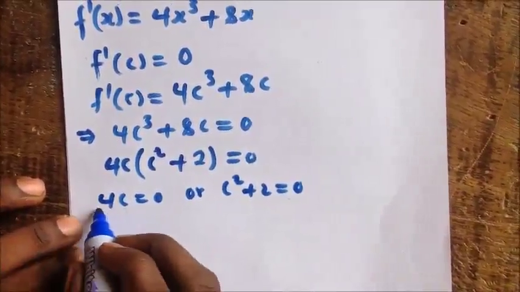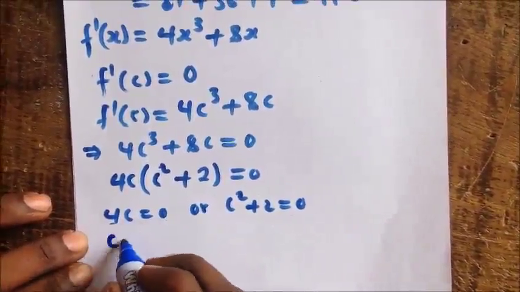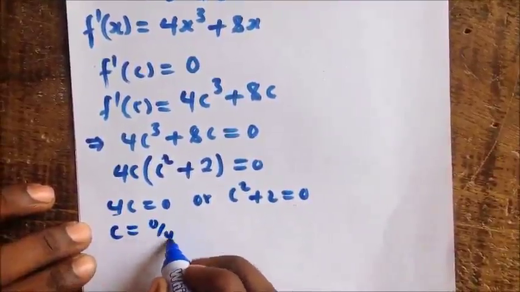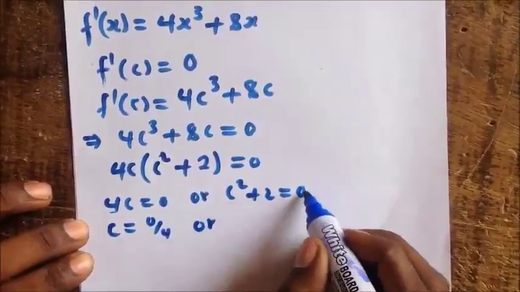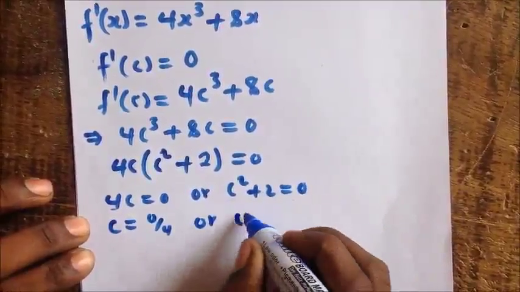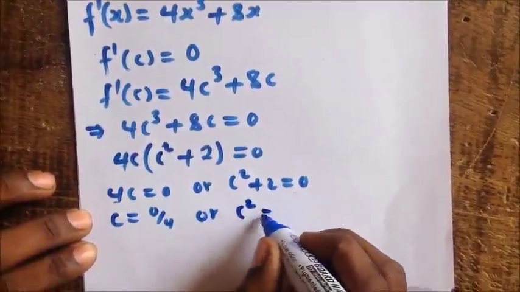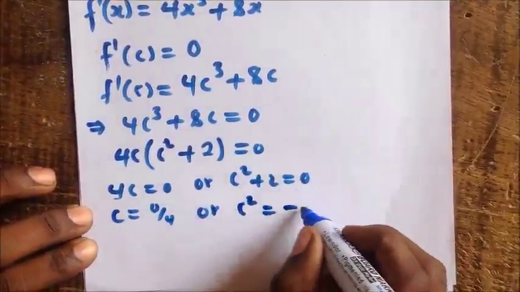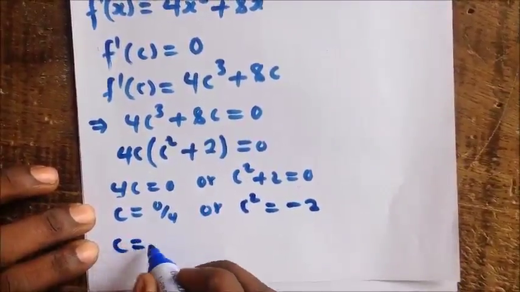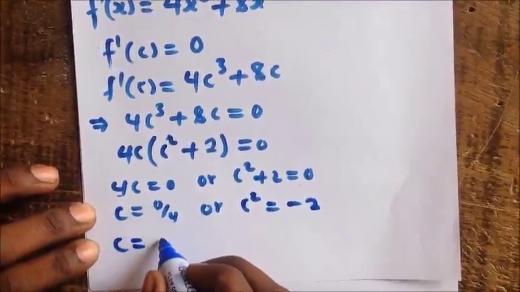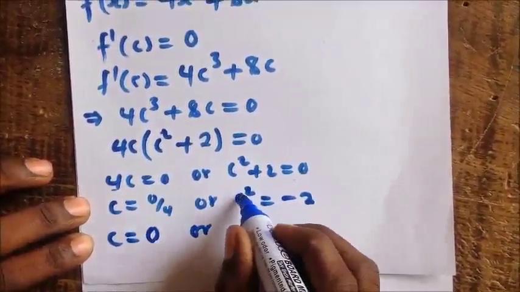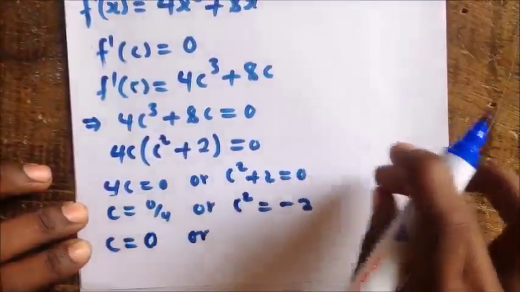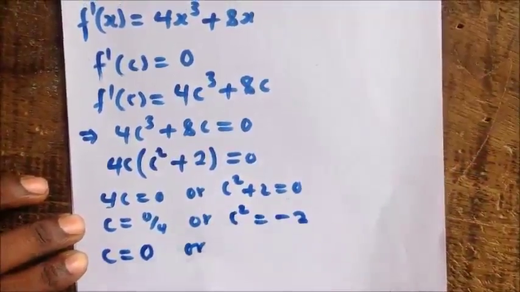We are looking for c, so we should now divide both sides by 4 here. So c is equal to 0 divided by 4, or plus 2 and 0 are like terms, so collecting the like terms, c squared is equal to plus 2 across the equal sign, minus 2. Or since we are looking for c, not c squared, we should now take the square to the other side. So square across the equal sign becomes square root.